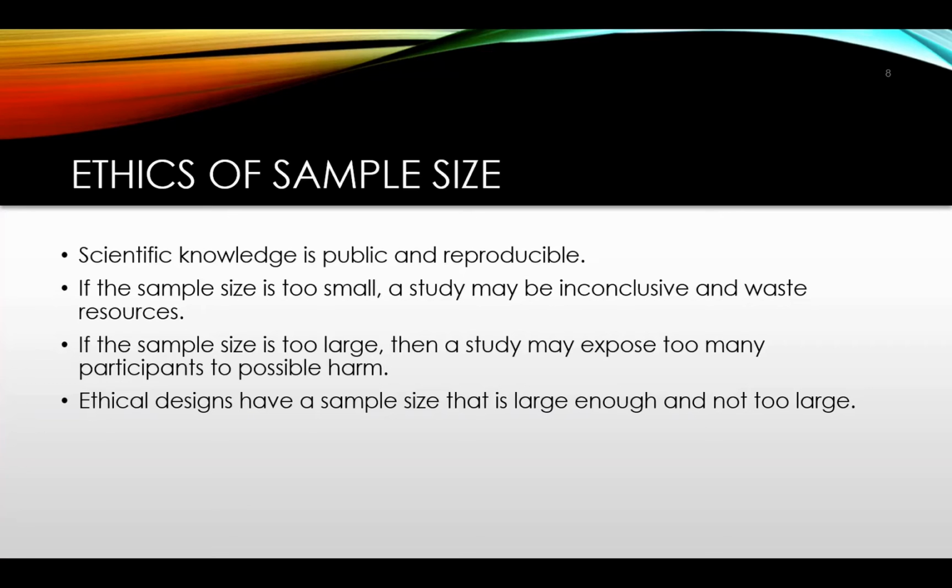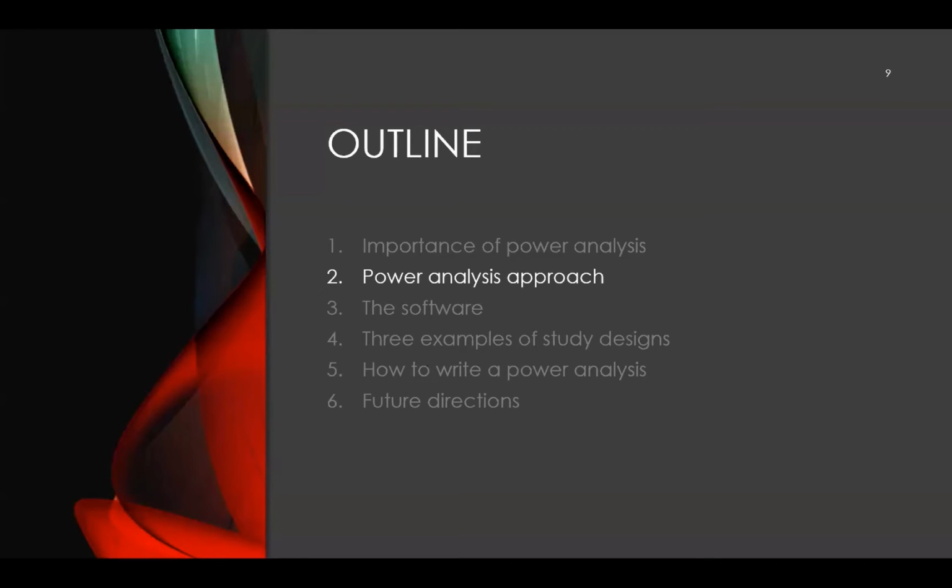So power and sample size analysis is necessary for estimating the most appropriate sample size and for avoiding these issues. Simple, right? Well, that's only if the researcher has an understanding of how to implement the correct power analysis. So that's what we'll talk about next.